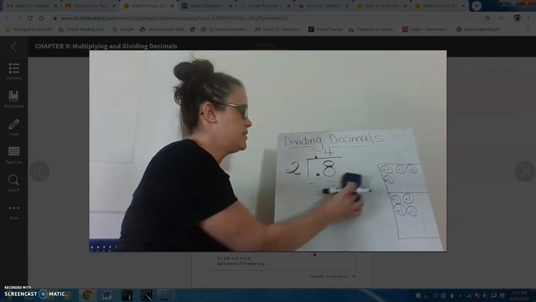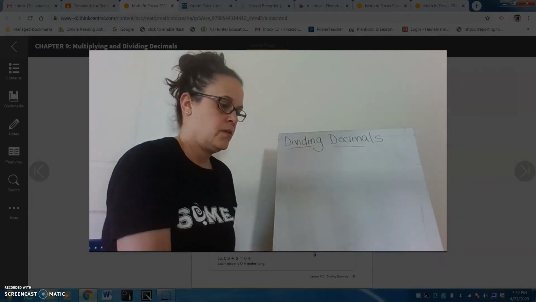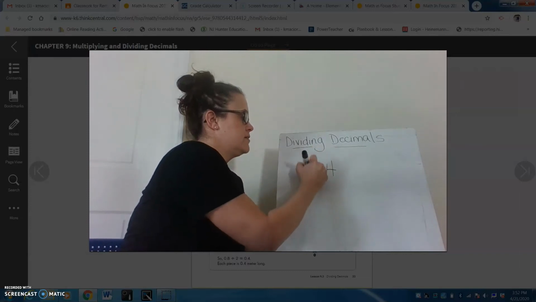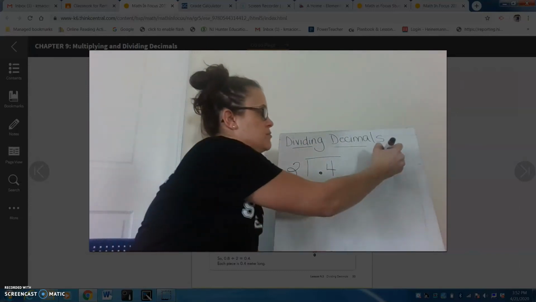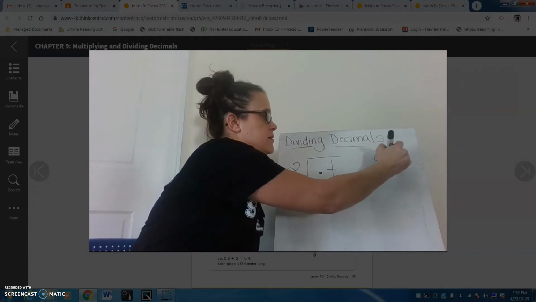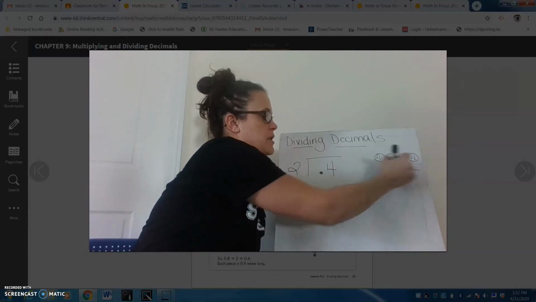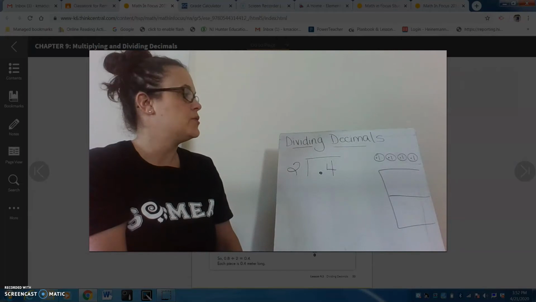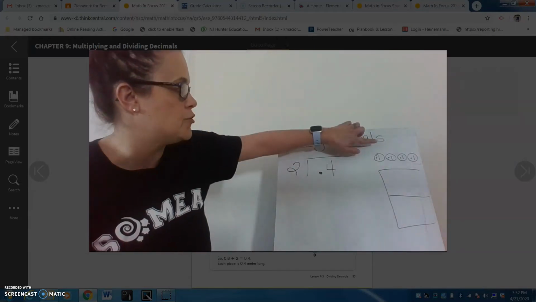Okay, let's try again with another one. So here we have 4/10 divided into two groups. Okay, here's my 4/10, and here's my two groups. Now I'm going to divide them into their two groups, which means separate them, break them up into their two groups.